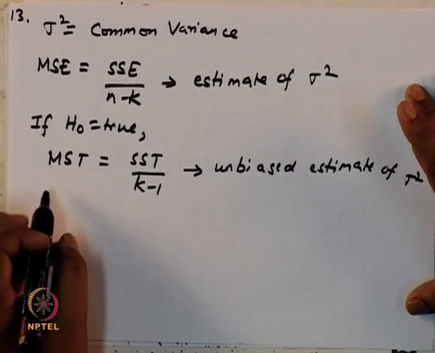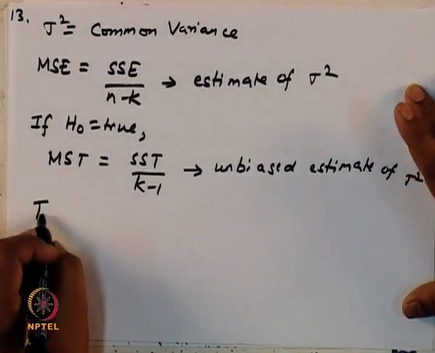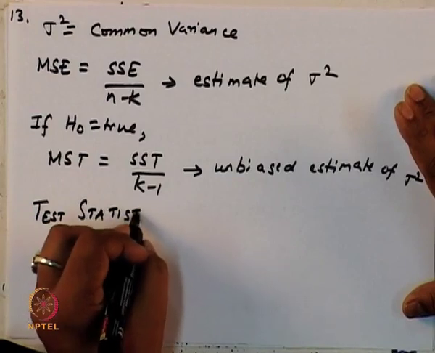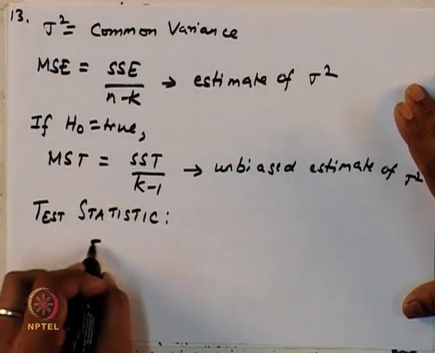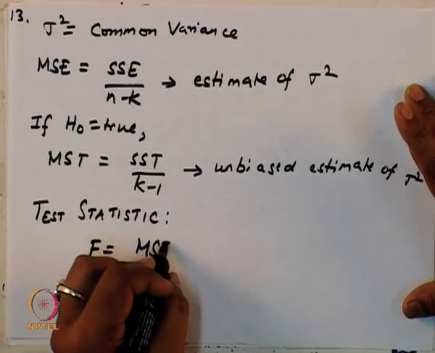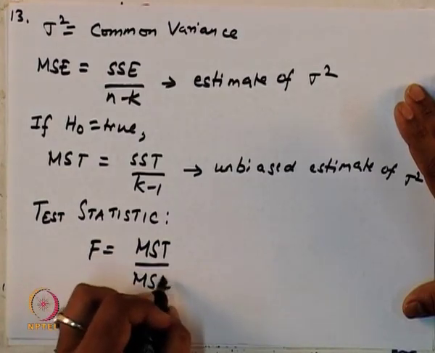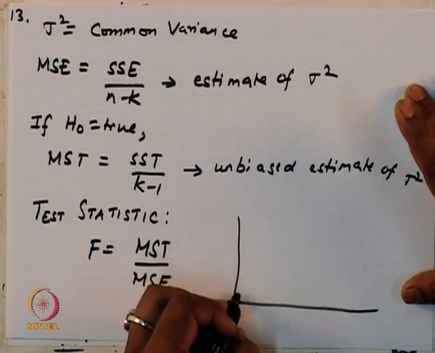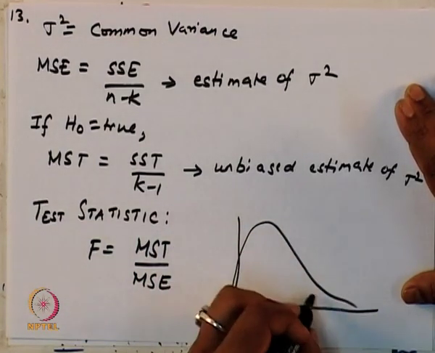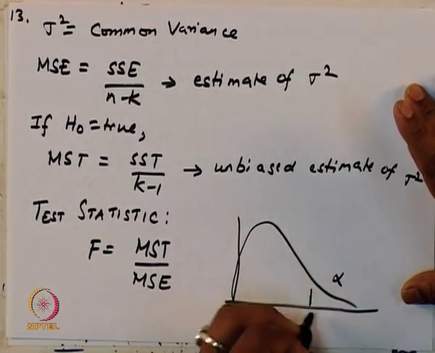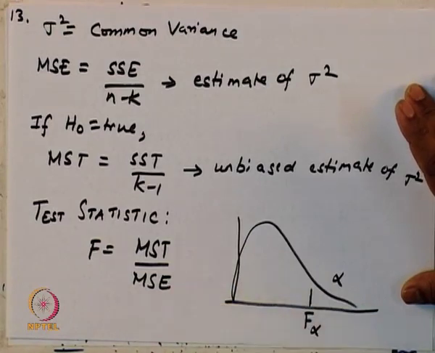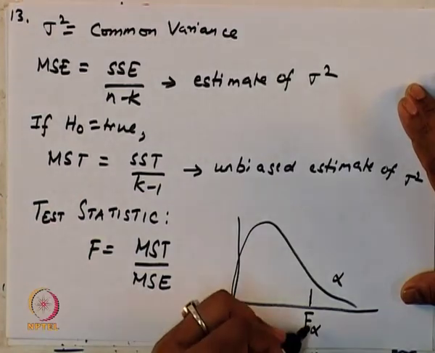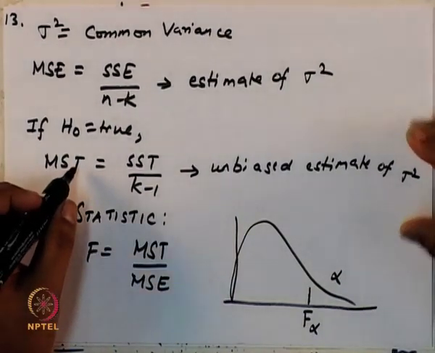So, you can use the test statistic F equal to MST by MSE. As before, you can use your F test, calculate F of alpha, and if your F value is greater than F of alpha, then you know your hypothesis is not true.